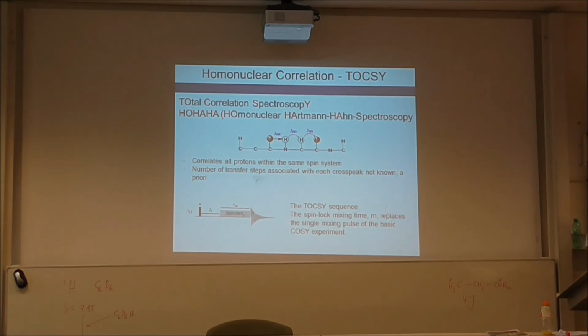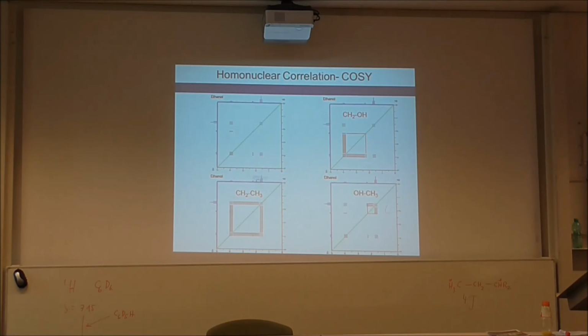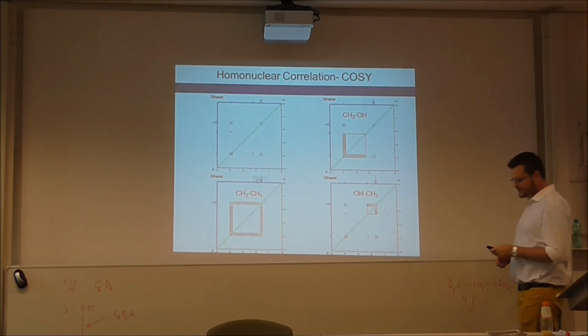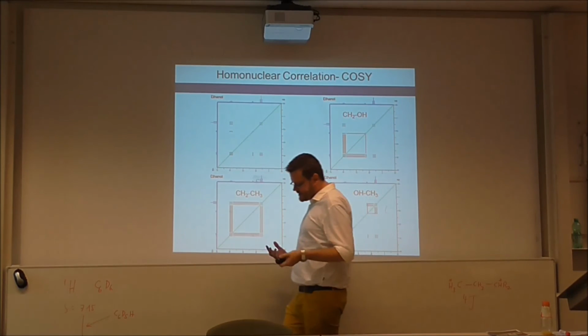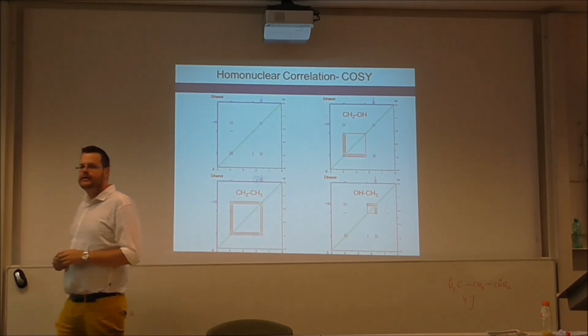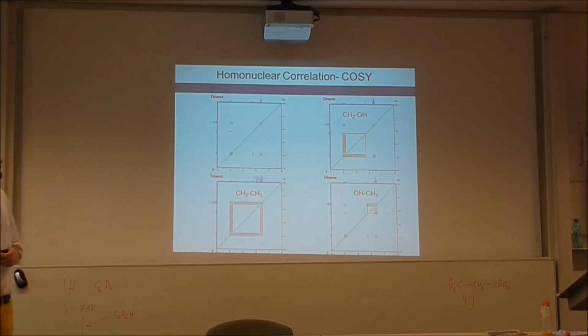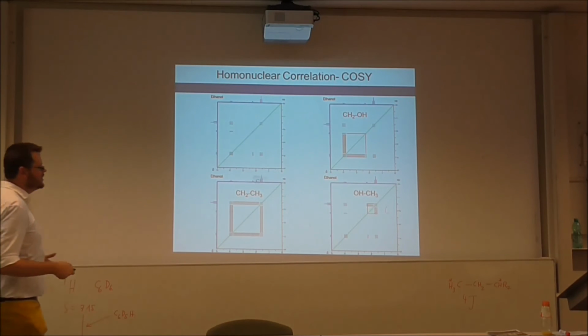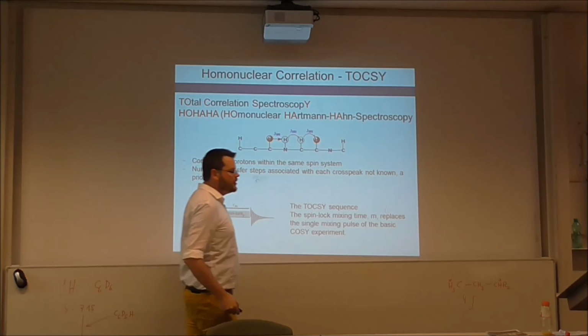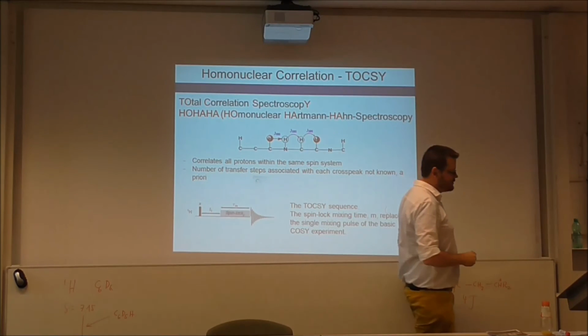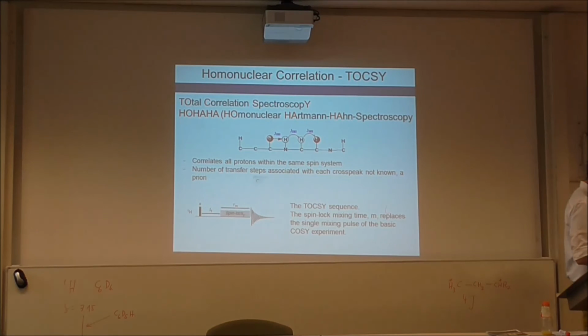Now, talking about homonuclear correlation, in this typical two-dimensional correlation experiment, we're just looking at J3 couplings essentially, and J2 and so on. But it's also possible that there are all sorts of other experiments that look at total correlations.